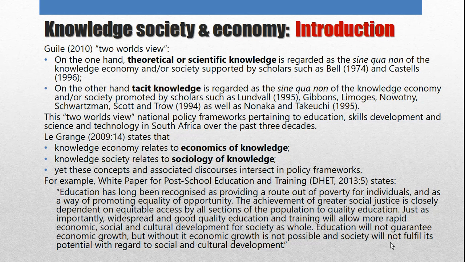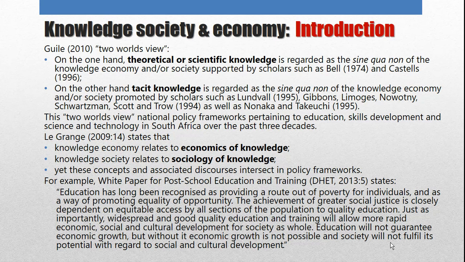All right. So there are 2 types of knowledge that are emerging from this literature, and that is very well captured in a book by David Guile, where he talks about the 2 worlds view. The first one is on scientific, what they call scientific or theoretical knowledge. And here Daniel Bell's and Castells' books very much focus on the importance of scientific knowledge within the knowledge society, where we have Gibbons, Lundvall, and Nonaka and Takeuchi.